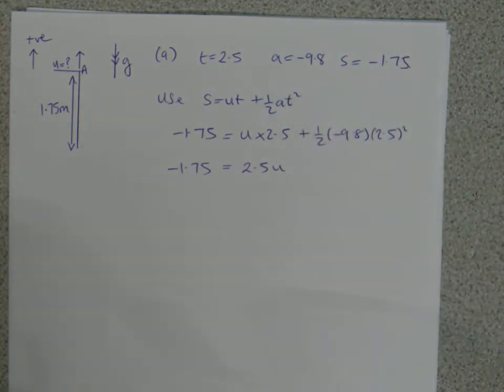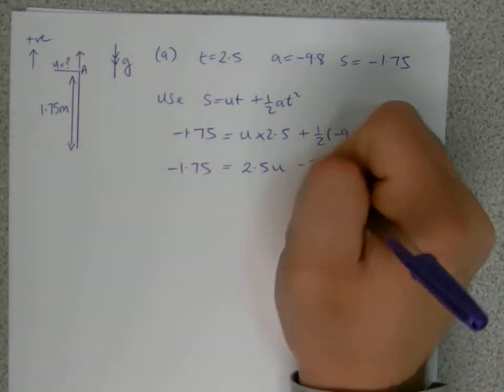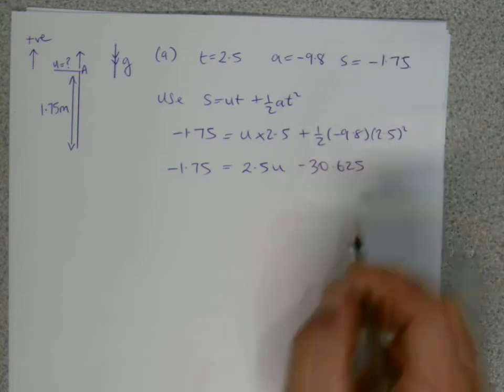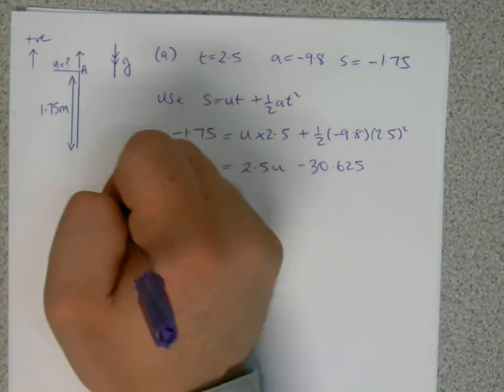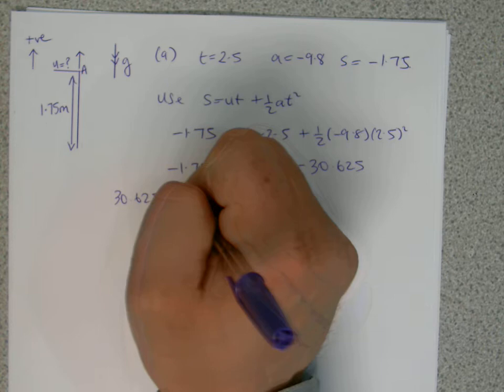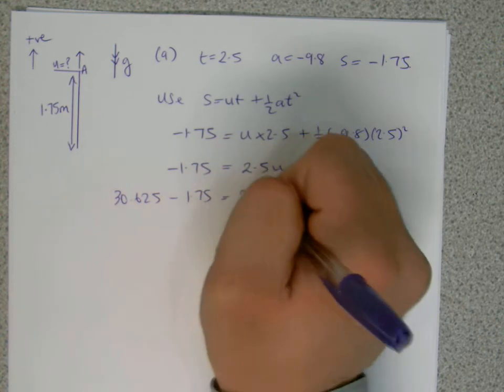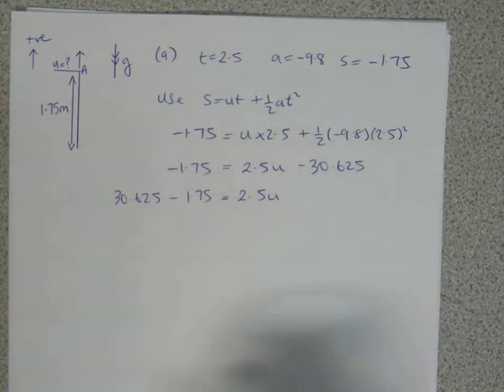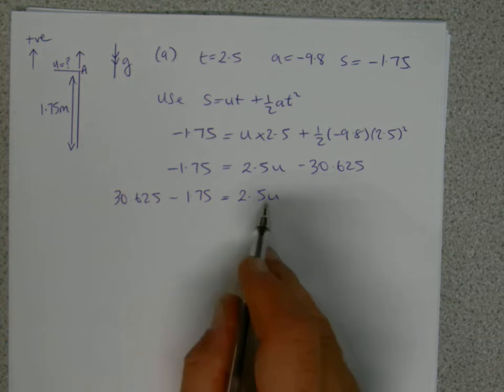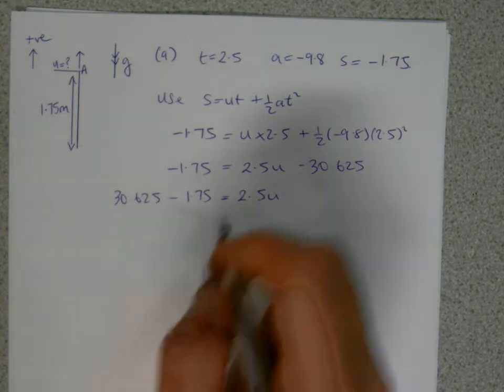That would be minus 30.625. Take that over, and then to get u, whatever this result is, we'll divide by 2.5.